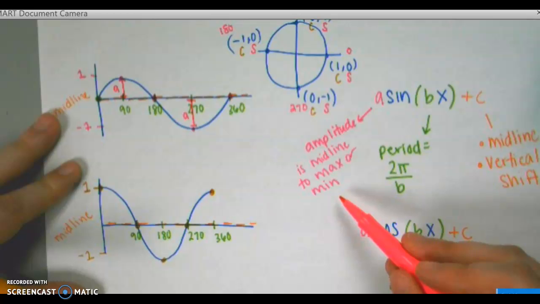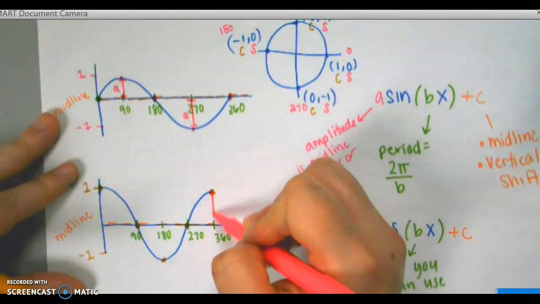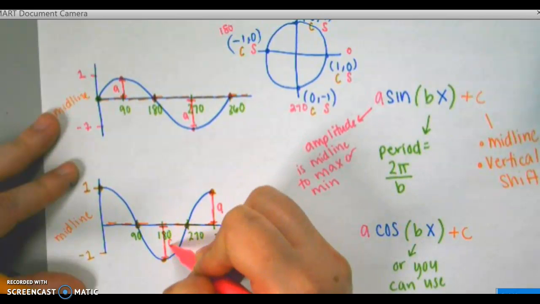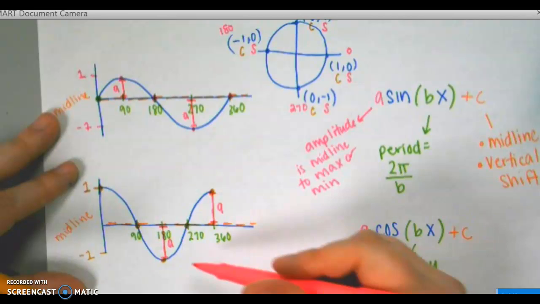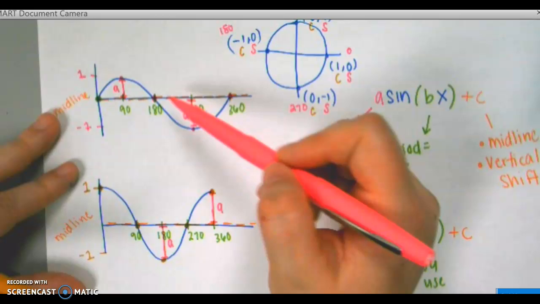It should be the same because the midline is in the middle. So for the parent function, the amplitude is just 1 because that's as high as it goes. It only goes up to 1 on the parent function.